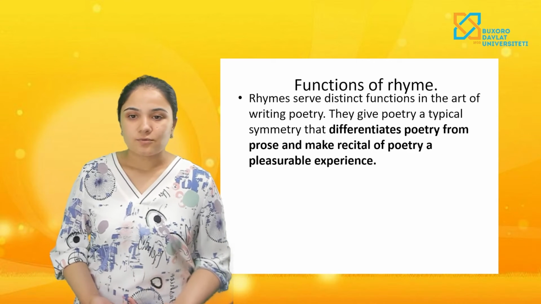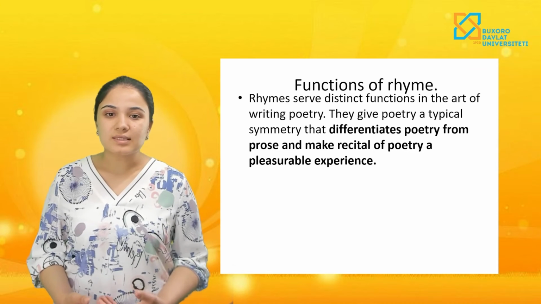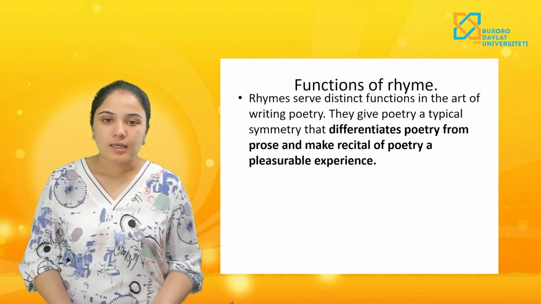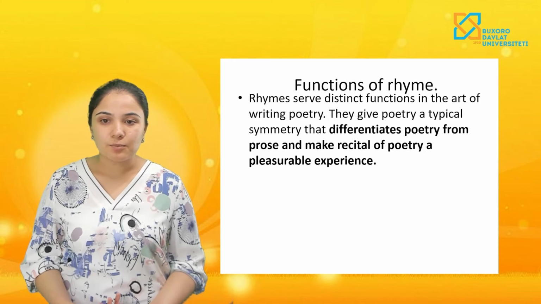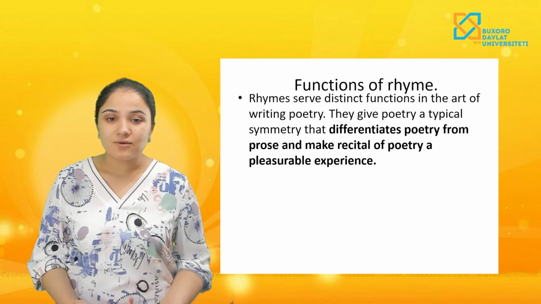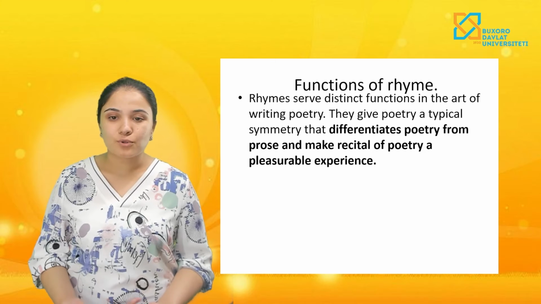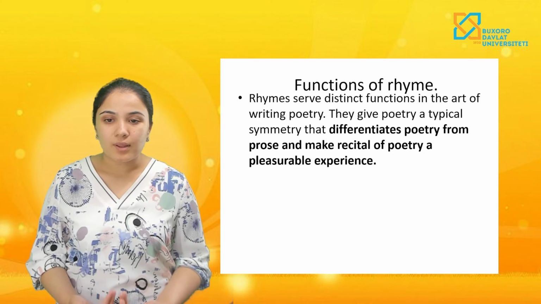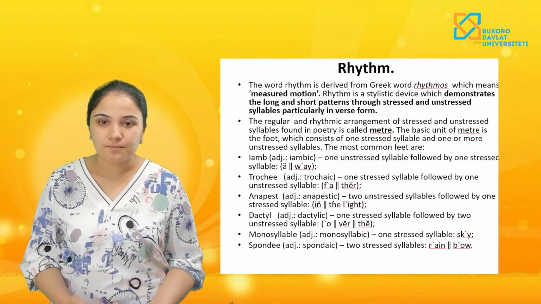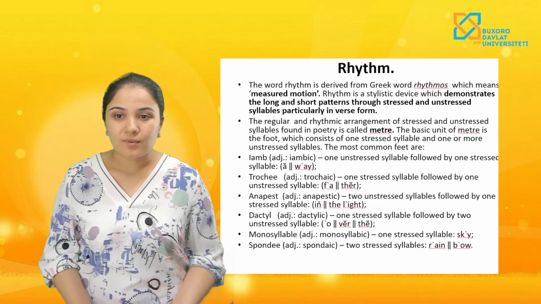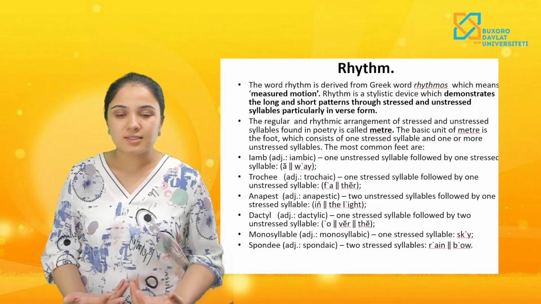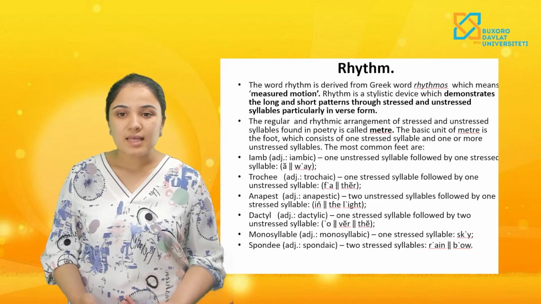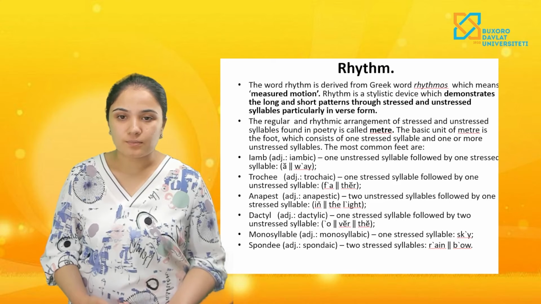So, functions of rhyme. Rhymes serve distinct functions in the art of writing poetry. They give poetry a typical symmetry that differentiates poetry from prose and make recital of poetry a pleasurable experience. So, rhythm. The word rhythm is derived from the Greek word rhythmos, which means measured motion.